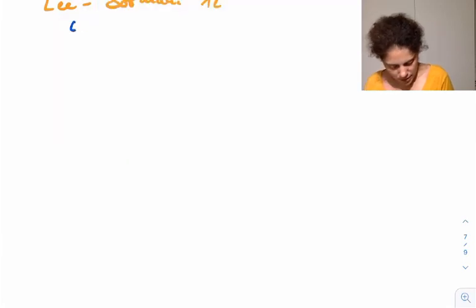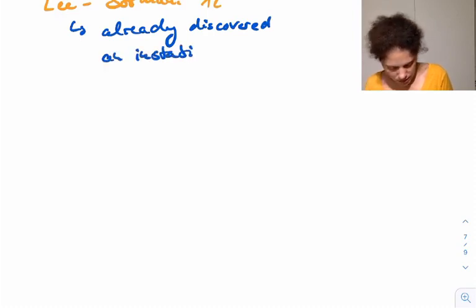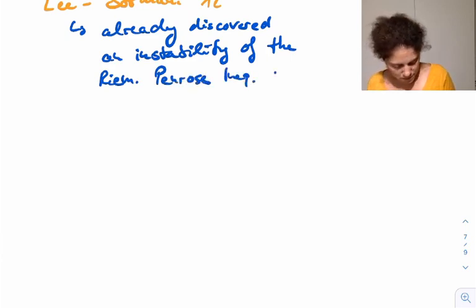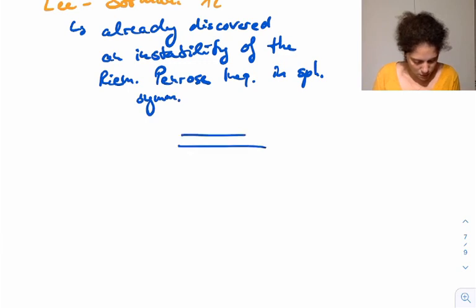They already discovered an instability in the sense of the Riemannian Penrose inequality in spherical symmetry, and the limit space they obtain looks very similar to the ones I just drew.